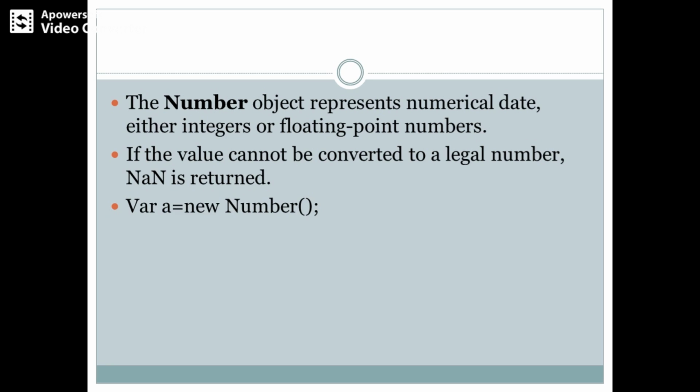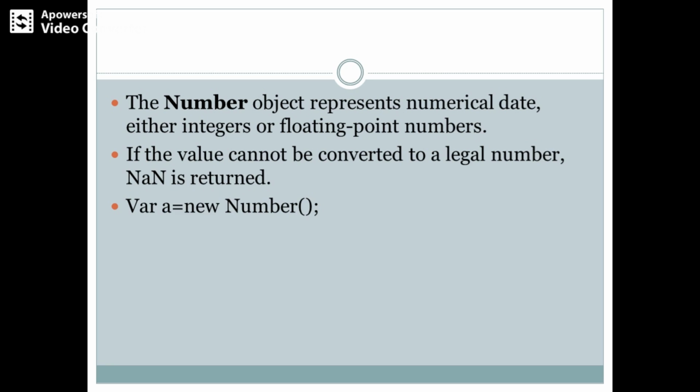Here you can see the basic syntax of creating a Number object. You use a variable with the var keyword. Let's say variable a is declared: you give it the var keyword followed by the variable name a, equals. We use the new operator to create a new Number object: new followed by Number.